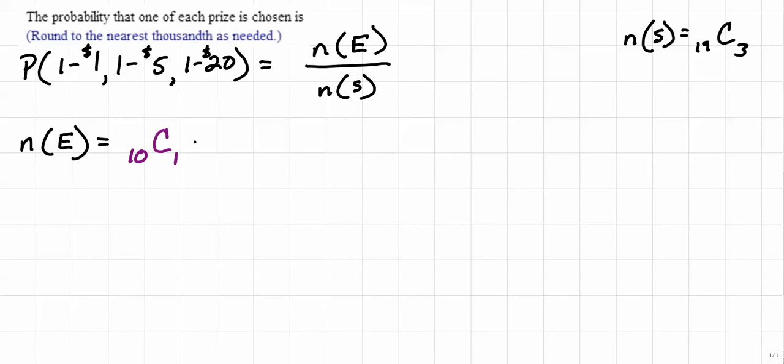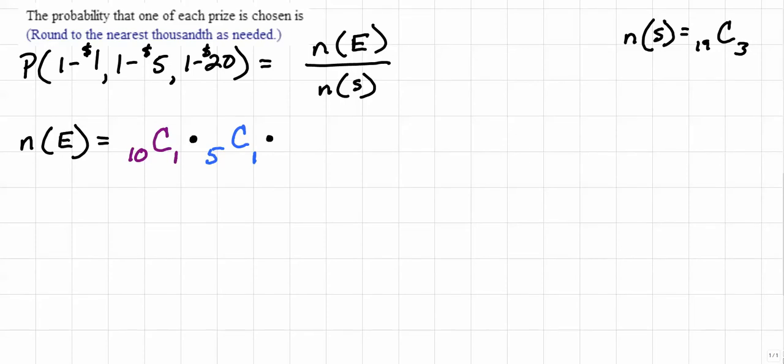I'm then going to multiply that by the fact that I have five $5 prizes, and I'm going to choose one of those. And then I'm going to multiply by the fact that I have four $20 prizes, and I'm going to choose exactly one of those. That's n of e.